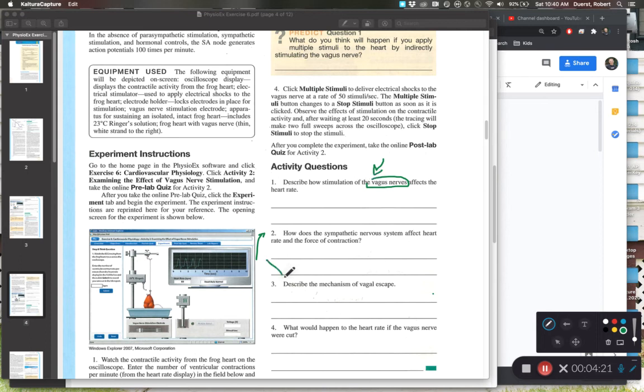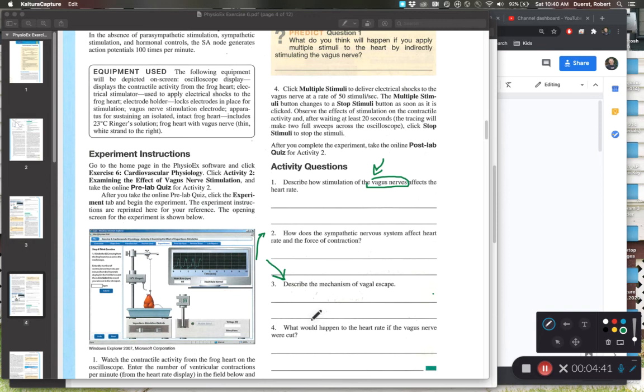In terms of describing the mechanism of vagal escape, it is associated with the vagus nerve stimulation being reduced and the sympathetic nervous system reinitiating the heartbeat, or the Purkinje fibers reinitiating the heart rate.